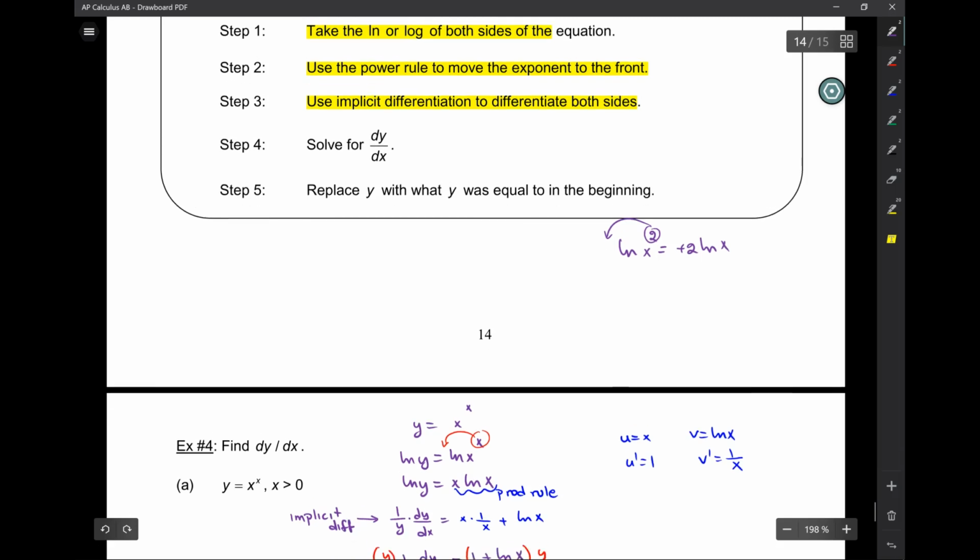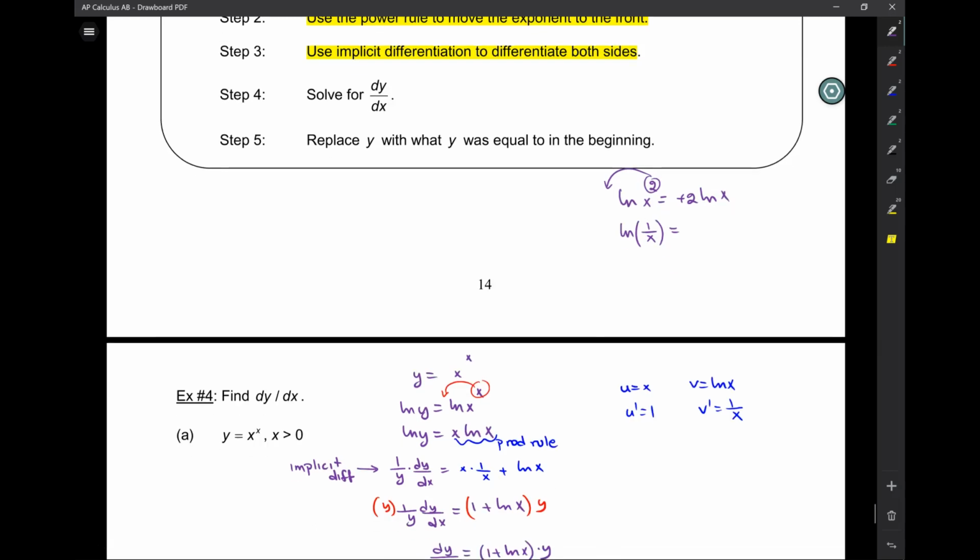Okay? So if I have ln of 1 over x, look at the different ways of writing this. Ln of 1 over x is ln of x to the minus 1, right? And then when the negative 1 comes down, this is the same as negative ln of x, right?